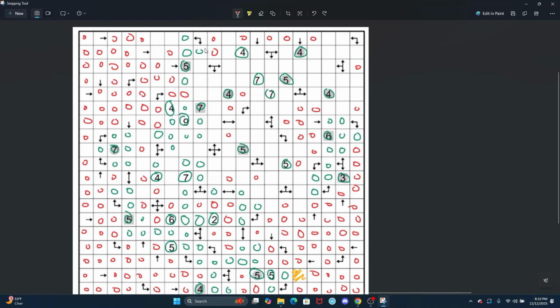I guess we note that this cell has to be red on the left edge, due to this arrow having no green cells going this way already.